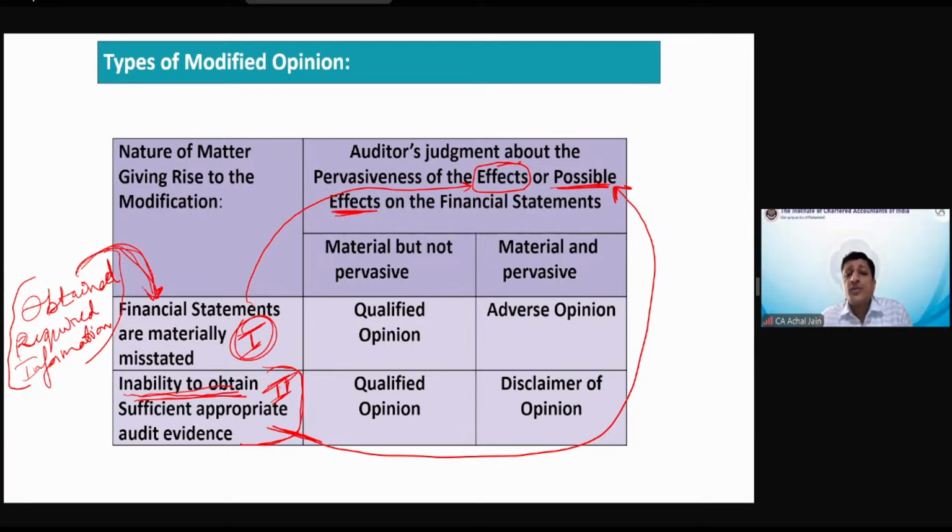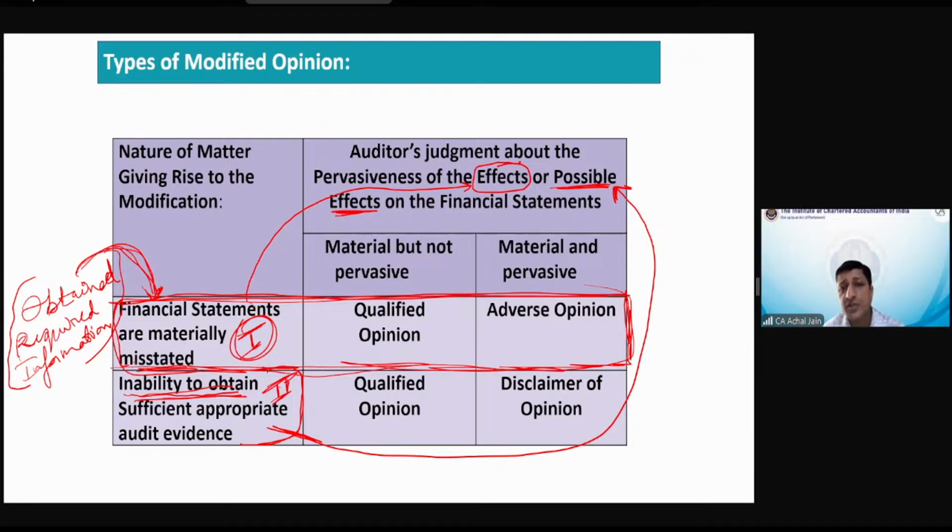Now what we will do is we will stick to the first situation. So now we are not going to talk about the second situation. So we are only talking about this first situation. Now in this first situation, once again, there are two scenarios which are possible.